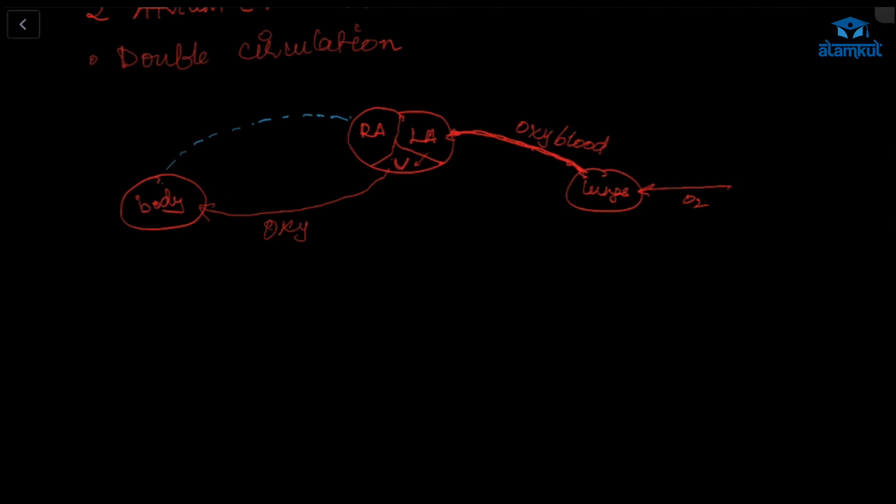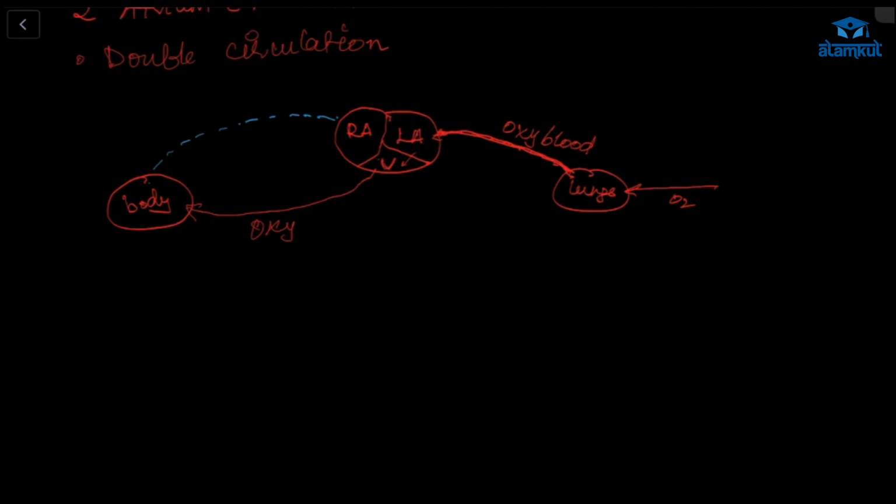Always remember, atrium is the receiving chamber and ventricle is the pumping chamber. So this atrium is receiving the blood. After that, it will come inside the ventricle, and after that it will go back to the lungs. This is deoxygenated blood, right? It will get out.